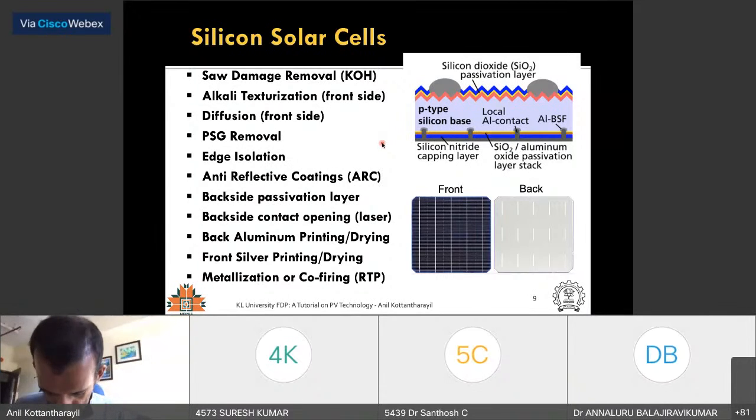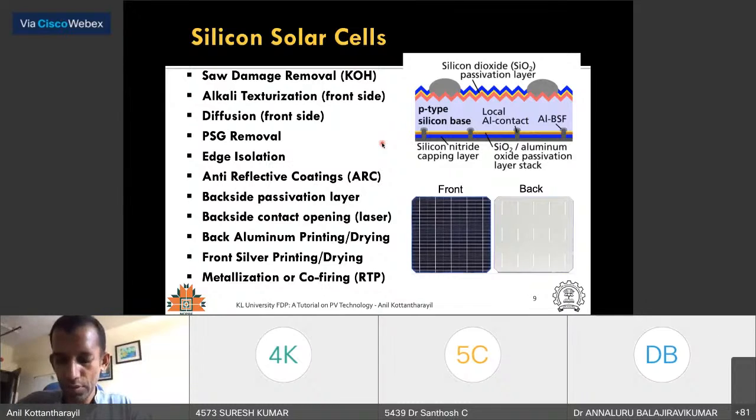The silicon is produced from silicon dioxide, so you take high purity sand, quartzite. This is a mineral of silicon, and then you are reducing it, purifying it, and then making crystals out of it. That's the typical process.